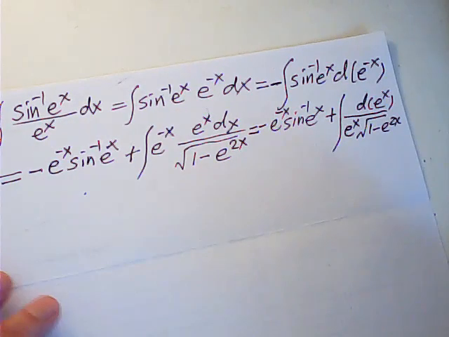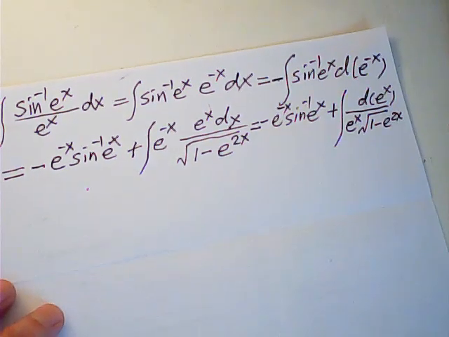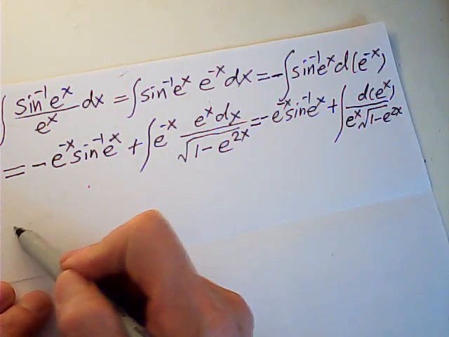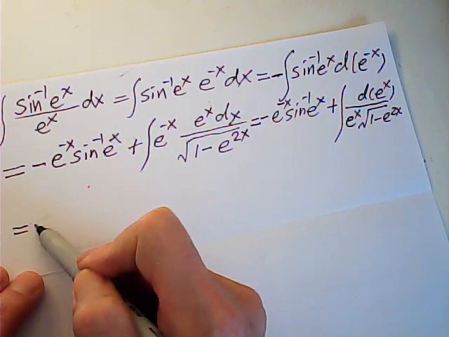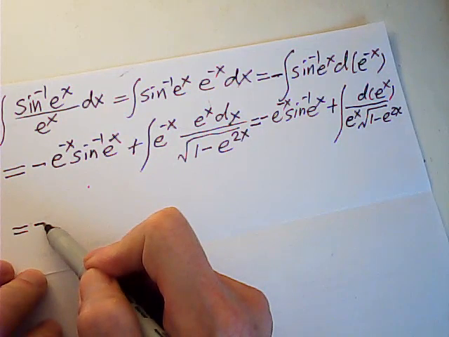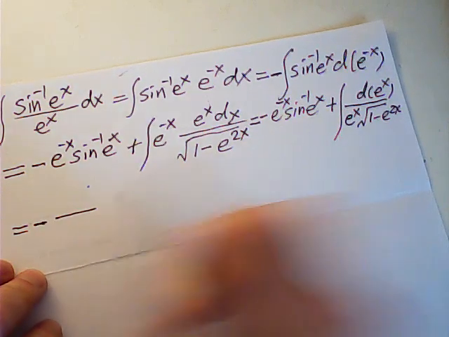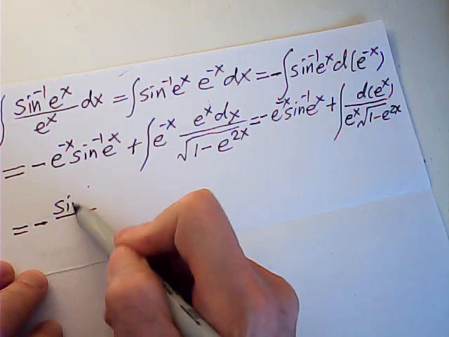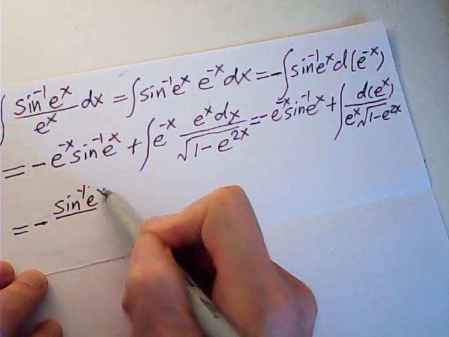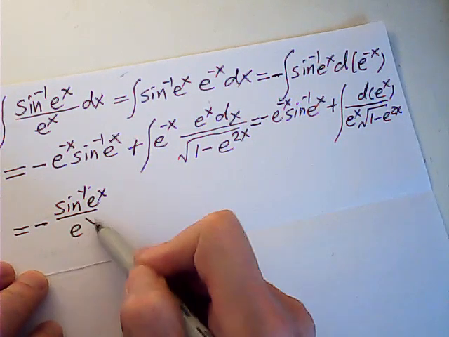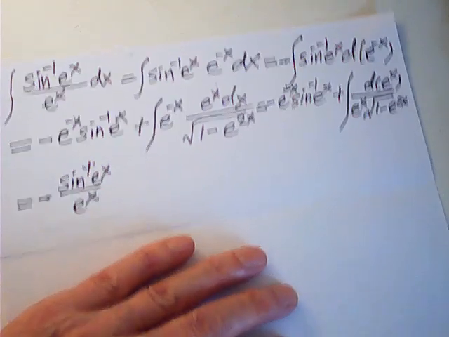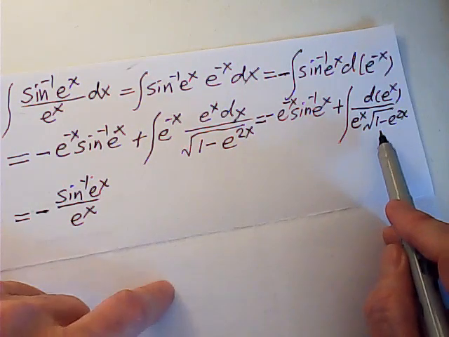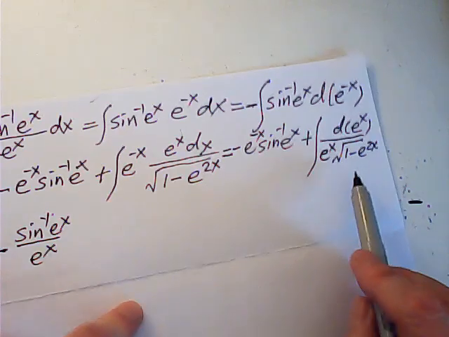So they're equal. Okay, so this one is equal to negative sine inverse of e to the x over e to the x. And this one, by parts again.